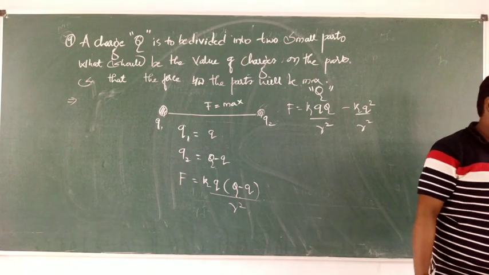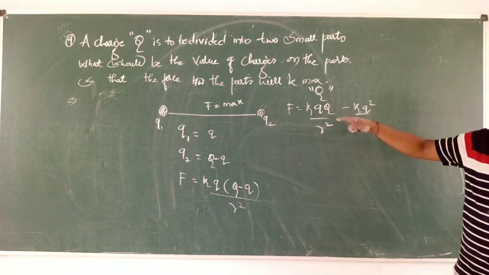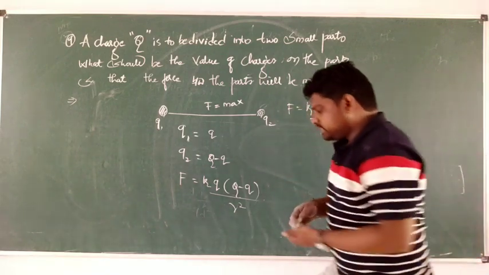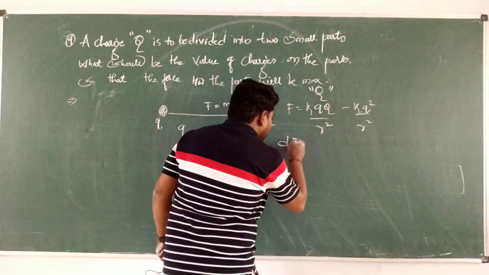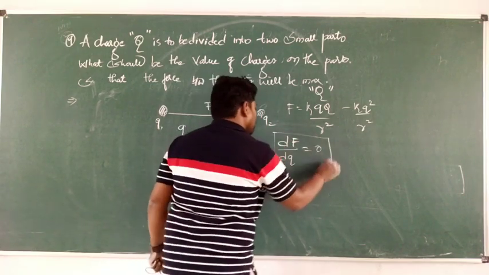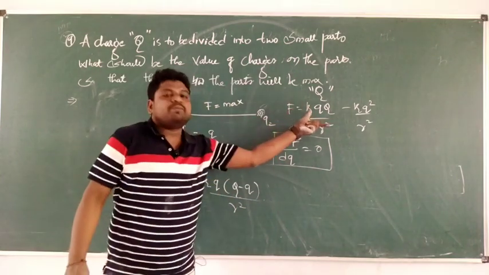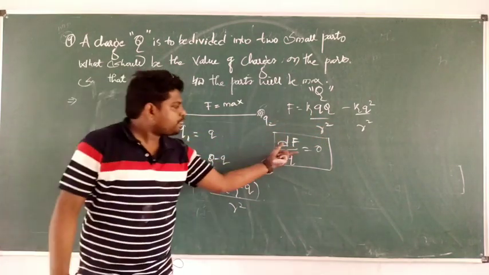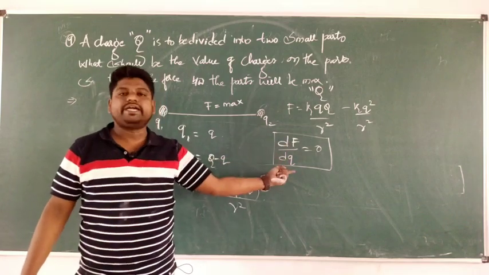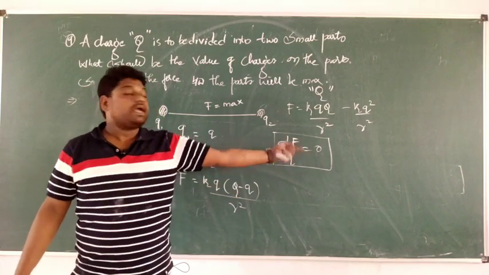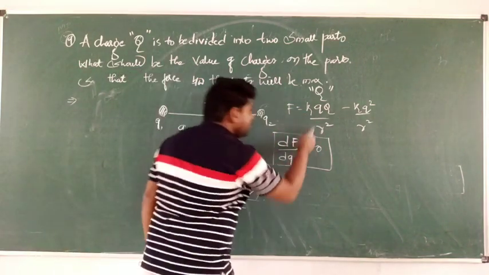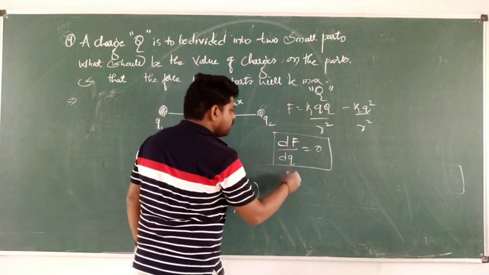Differentiation should be done with respect to q. To make this maximum, what I have to do is dF divided by dq equals 0. For the force to be maximum, this is the condition to be applied. dF by dq equals 0. Then only this can be a maximum. So if I differentiate this equation, what do I get?